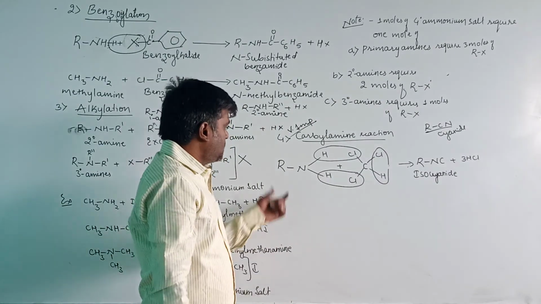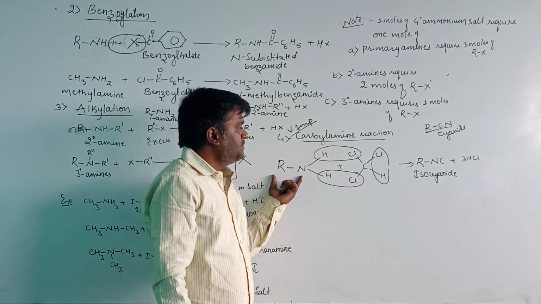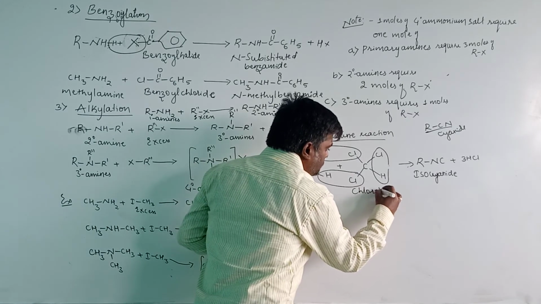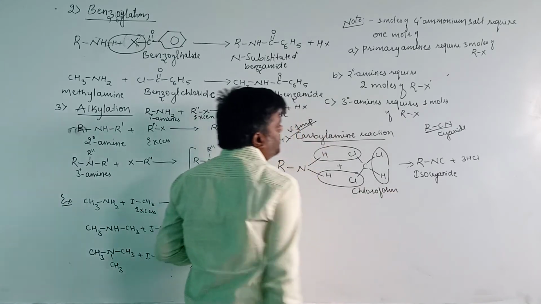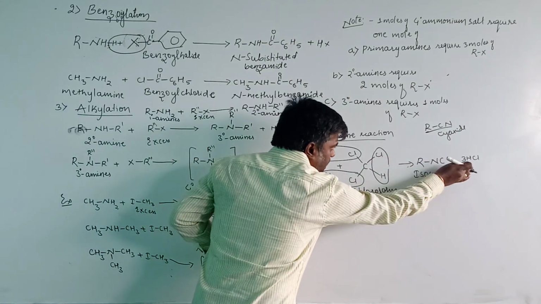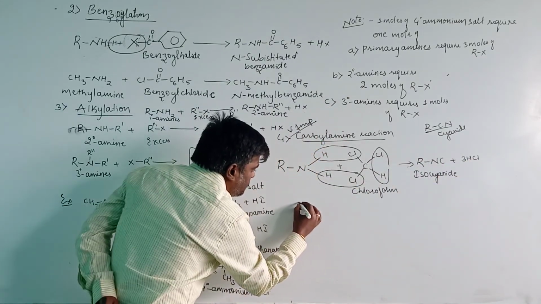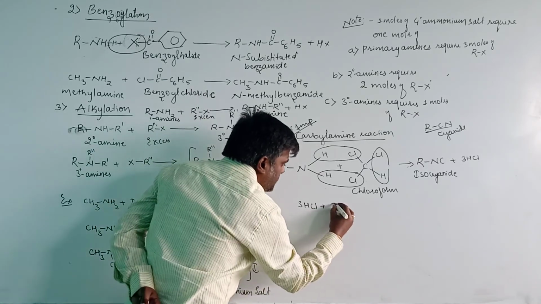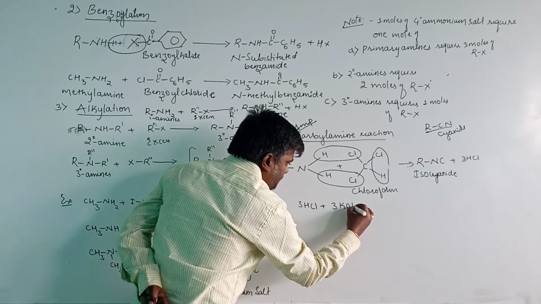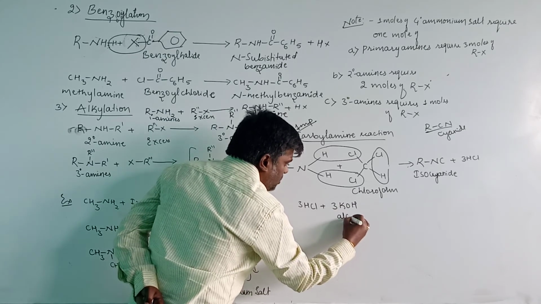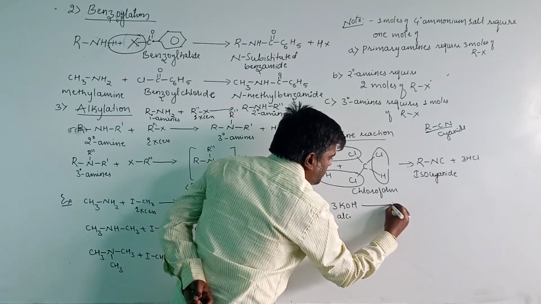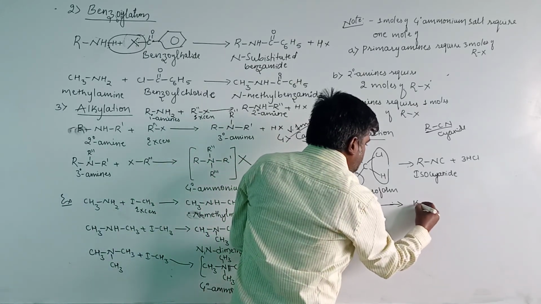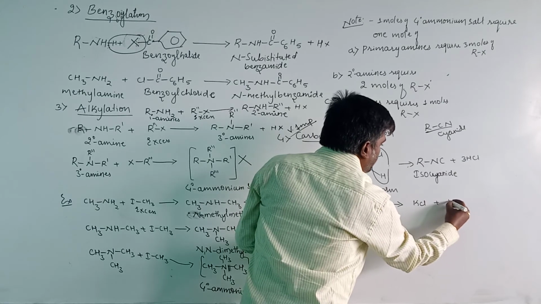The primary amines react with the chloroform and the alcoholic solution of potassium hydroxide. Here the 3 moles of hydrochloric acid react with the 3 moles of potassium hydroxide in the alcoholic condition, and it will produce potassium chloride and water molecules.